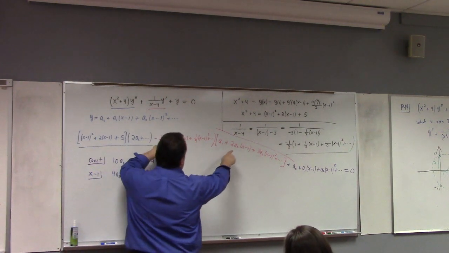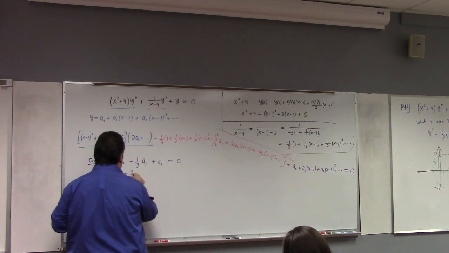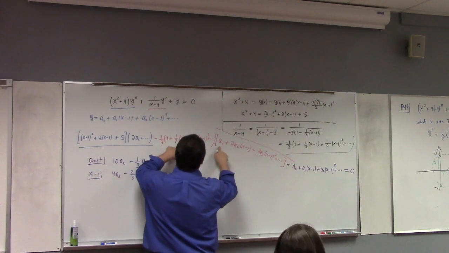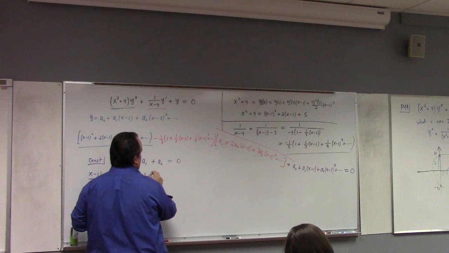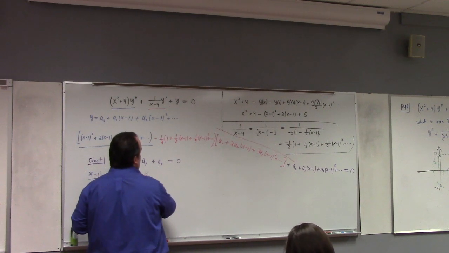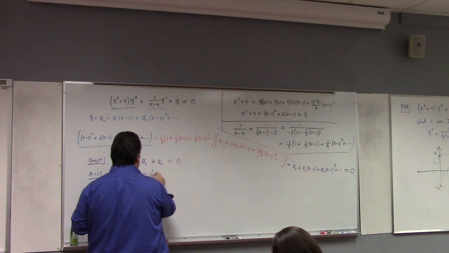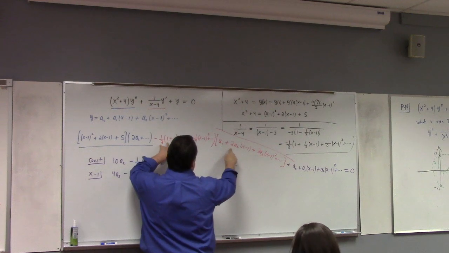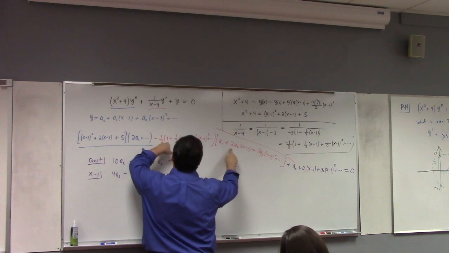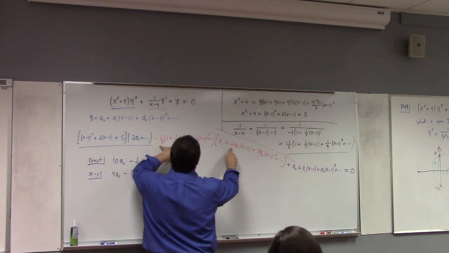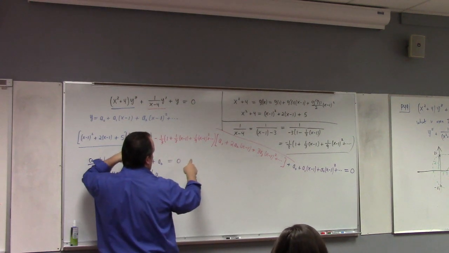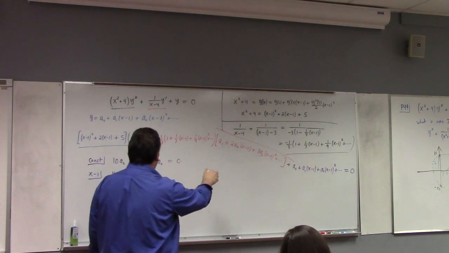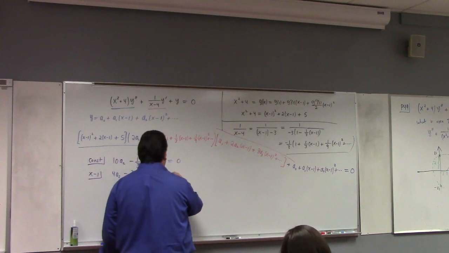I get a minus 2/3 a2 from this times that, but I also get a plus 1/3. Oh, my bad, minus 1/9 a1, let me be careful. 1 times 2 times 2/3, that's a minus. And then minus 2/9. Wait a minute. No, minus 1/9. And then over there, plus a1.